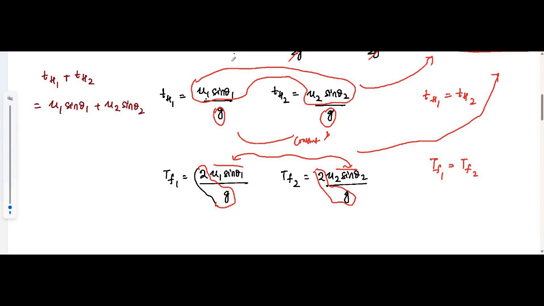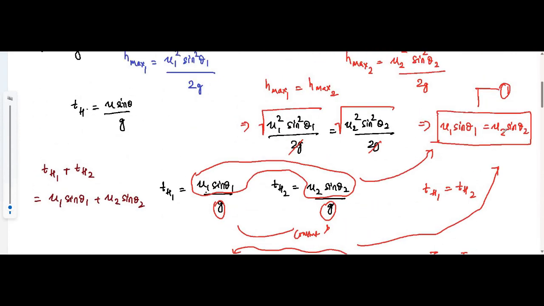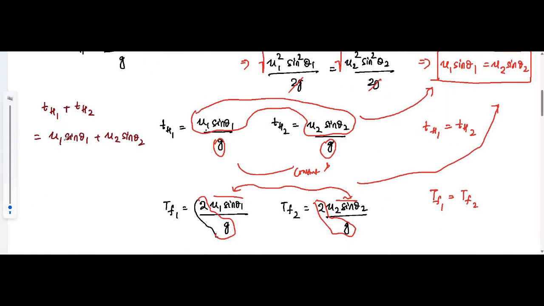Now as we have proved that u1 sine theta 1 is equal to u2 sine theta 2, we can write it in two ways. As they are both equal, we can write it as u1 sine theta 1 plus u1 sine theta 1, or we can write it as u2 sine theta 2 plus u2 sine theta 2.